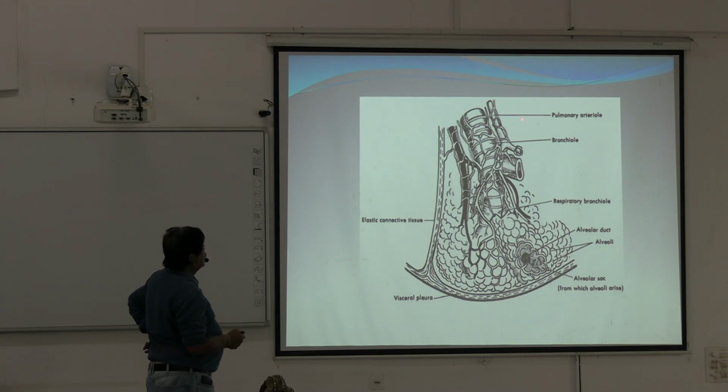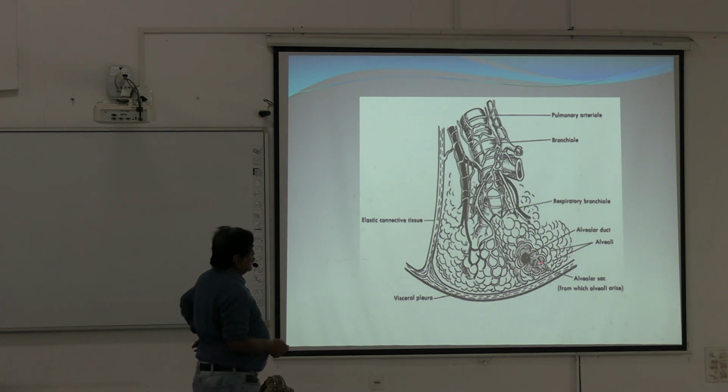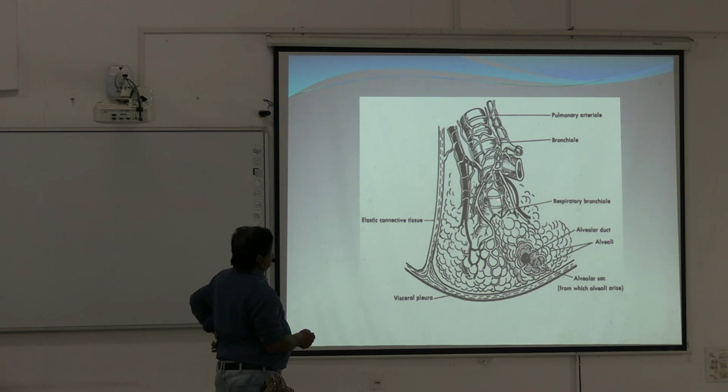Now this is the alveolar sac, alveoli, respiratory bronchiole. This is the bronchiole, pulmonary arteriole, and elastic connective tissue. This is the visceral pleura.